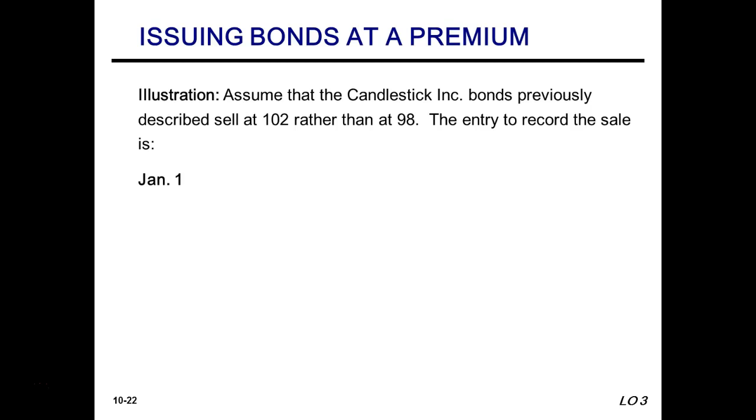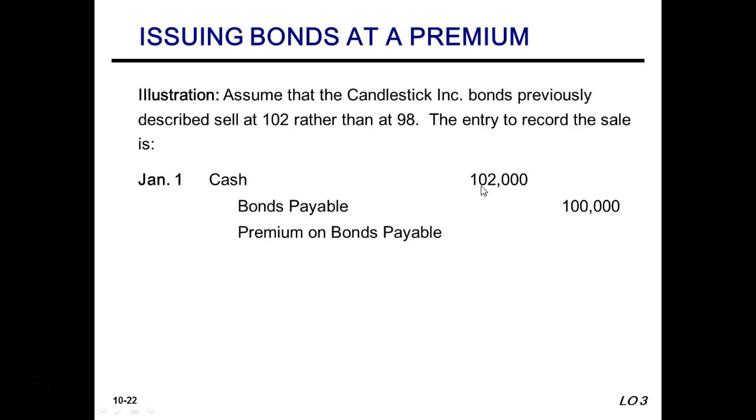So now we're going to look at an example of a premium. We know it's a premium because it's above 100. So Candlestick is actually, if we take 1.02 times 100,000, because they said go back to the previous example, we would debit cash for 102,000.